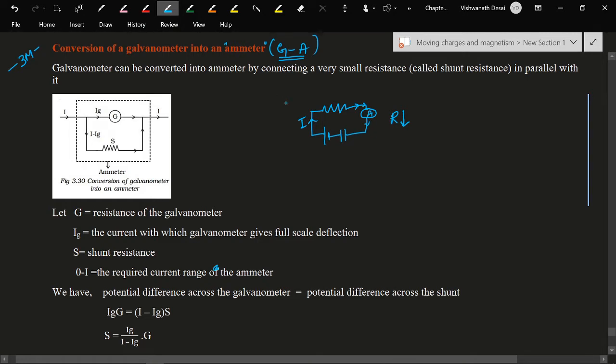It cannot be directly used as an ammeter. Its resistance can be made low. We can make it low by connecting a suitable resistance in parallel.